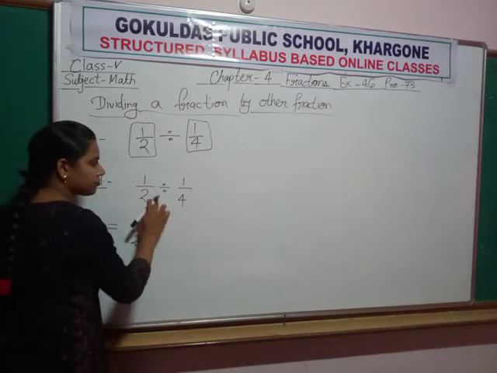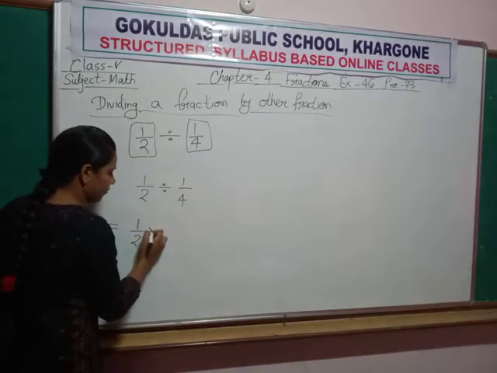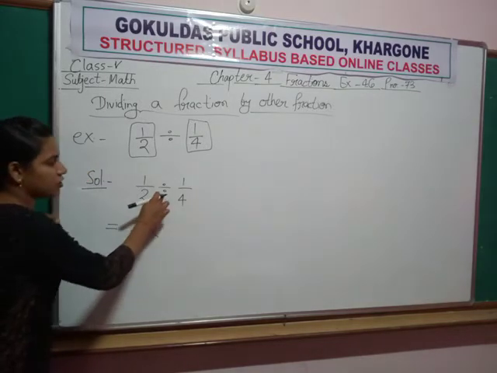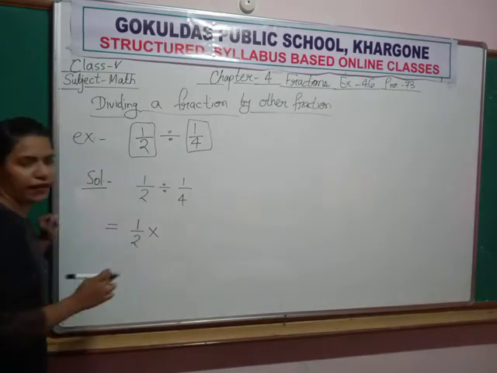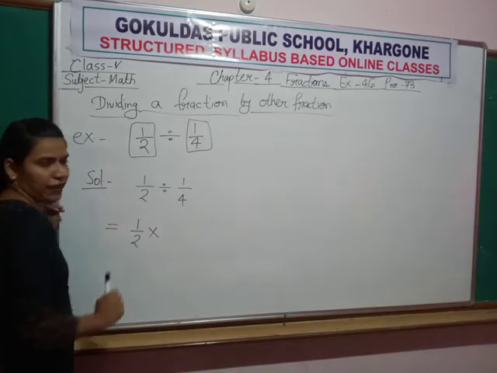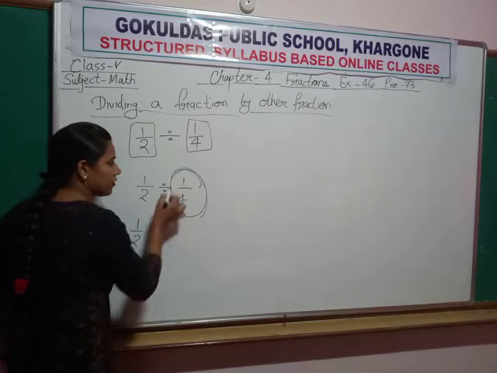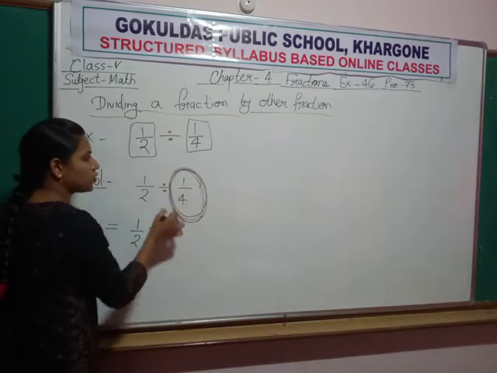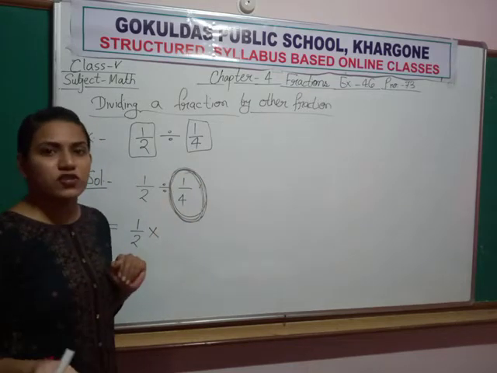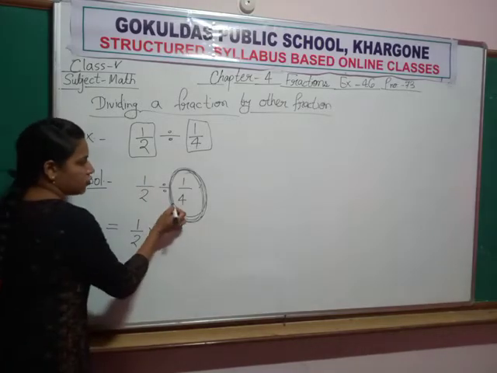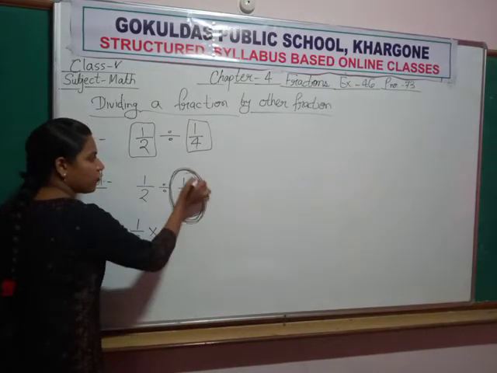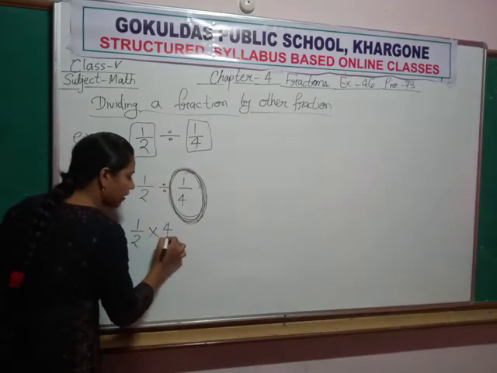Exchange this division sign with multiplication. And you need to make changes in the divisor part. You need to write the multiplicative inverse of the divisor. So what will be the multiplicative inverse of 1 upon 4? It is 4 upon 1.